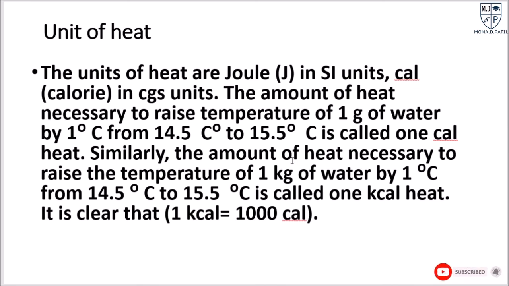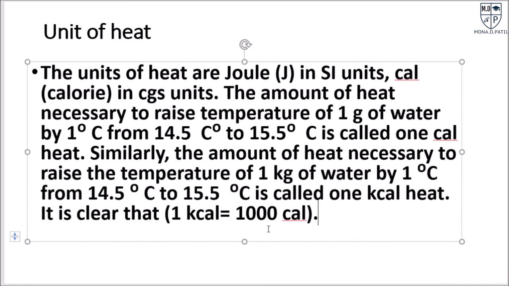Similarly, the amount of heat necessary to raise the temperature of 1 kg of water by 1 degree Celsius, from 14.5 degrees Celsius to 15.5 degrees Celsius, but here the amount is bigger, that is kg, is called 1 kilocalorie of heat, and it is clear that 1 kilocalorie is equal to 1000 calories.